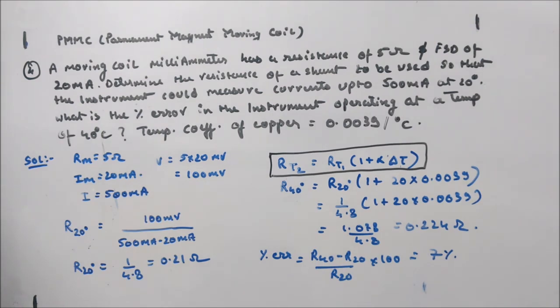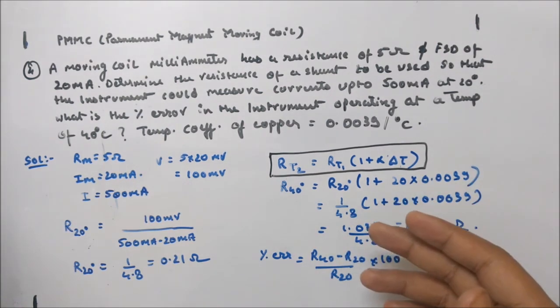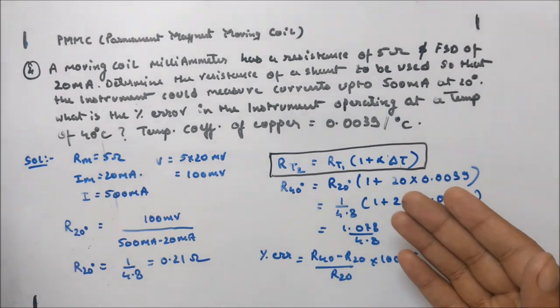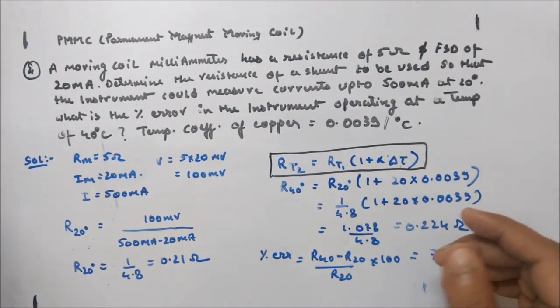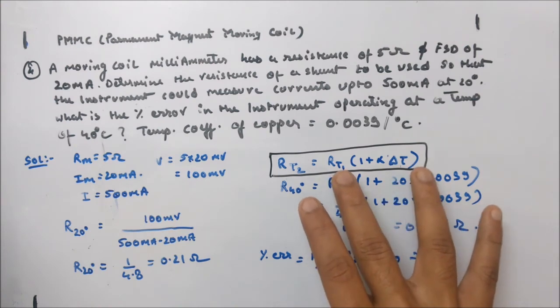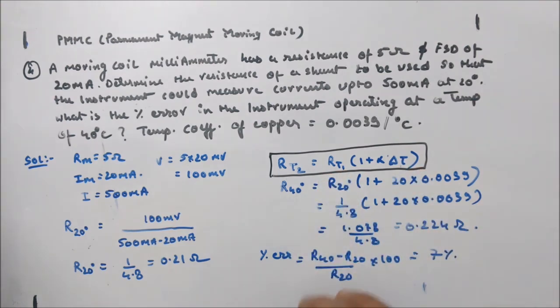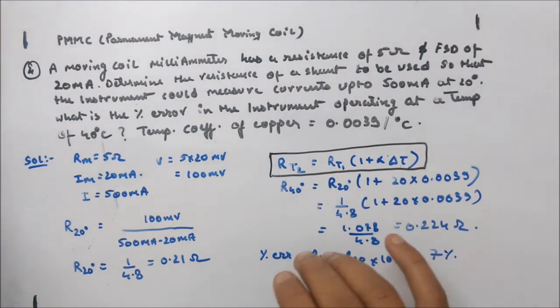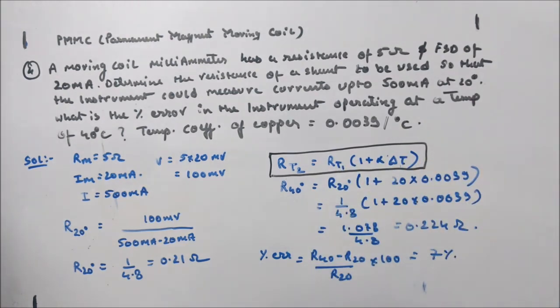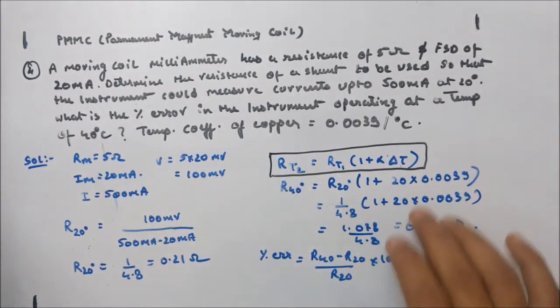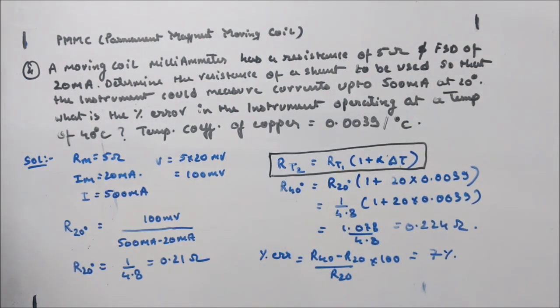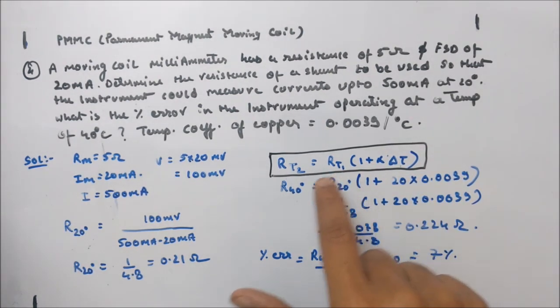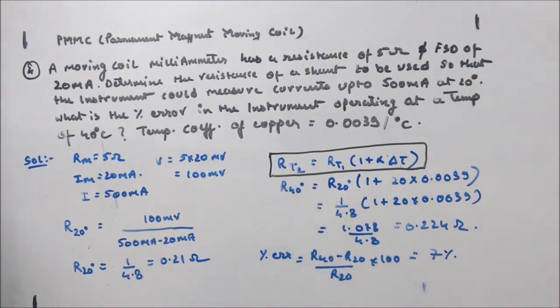The coil is made of metal, so that is why we use this formula to calculate the resistance of metals. Alpha is your temperature coefficient, delta T is the temperature difference, R is the value of resistance at T1 temperature, and this is the value of resistance at T2 temperature.